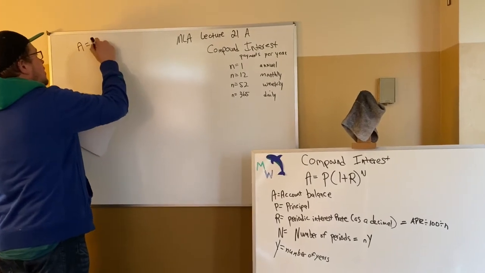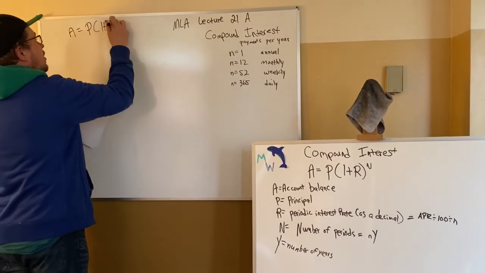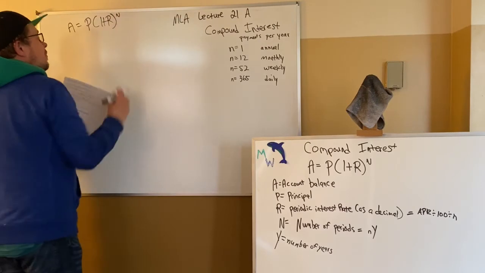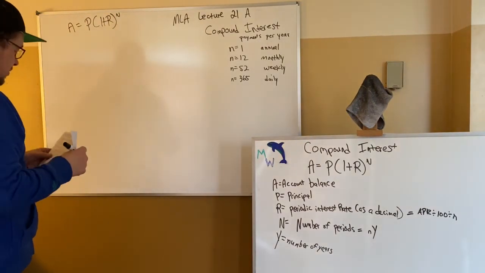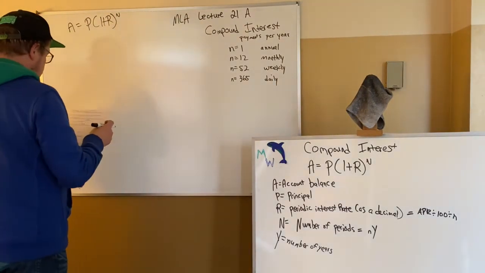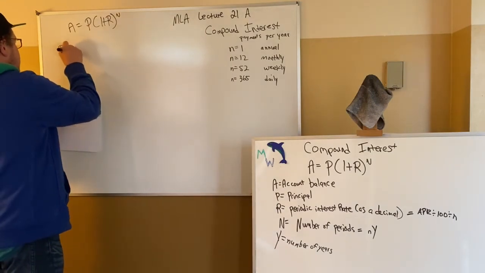The account balance is equal to the principal times 1 plus R, that creates our multiplier, to the value of N. Now what we want to do is these things in succession.